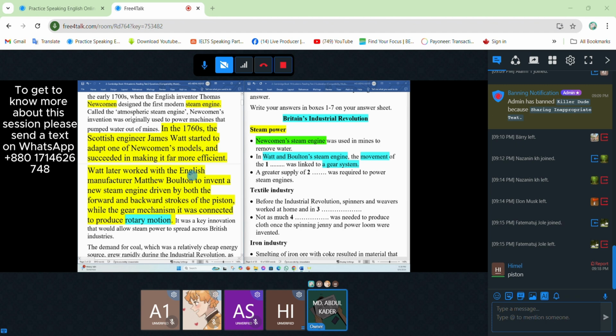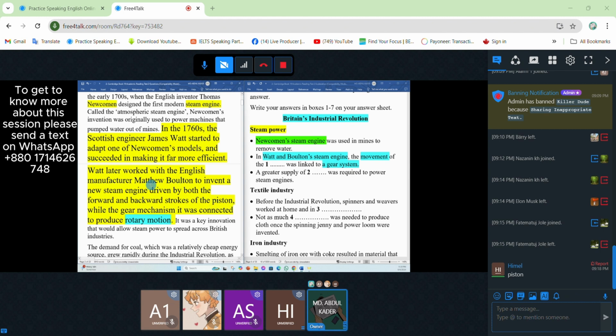Watt later worked with the English manufacturer Matthew Boulton to invent a new steam engine. Basically, they invented a new steam engine that was driven by both the forward and backward strokes of the piston.